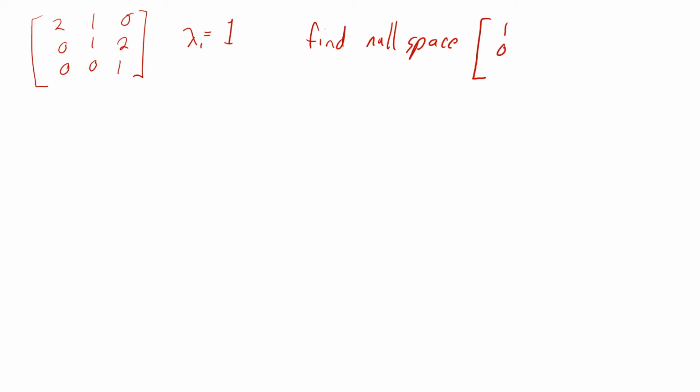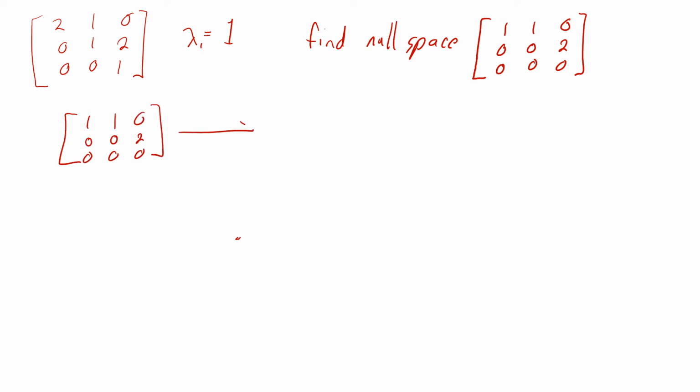So it is going to be 1, 0, 0, 0, 0, and 0, 2, 0. So we have to find the null space of this. Now notice that this is going to be pretty easy here. If we look at this, we do our row reductions. We're almost there anyways. We are going to get very easily with 1/2 row 2 as the new row 2.